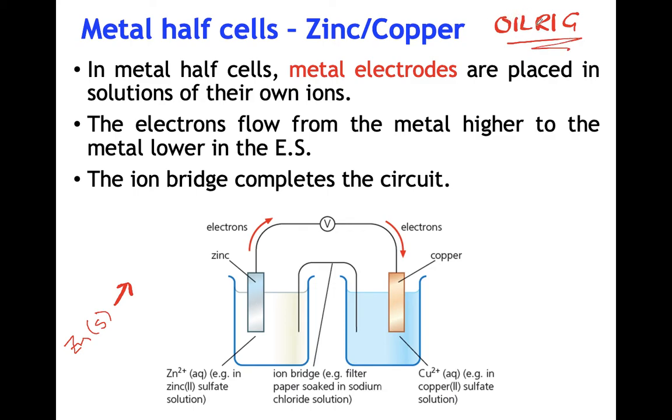Oxidation is loss of electrons and reduction is the gain of electrons. So zinc here is going to be losing electrons as they are flowing away from the metal, so flow from the metal higher to the metal lower down.